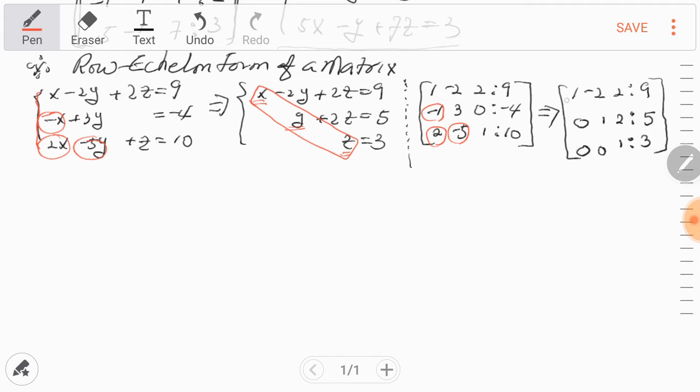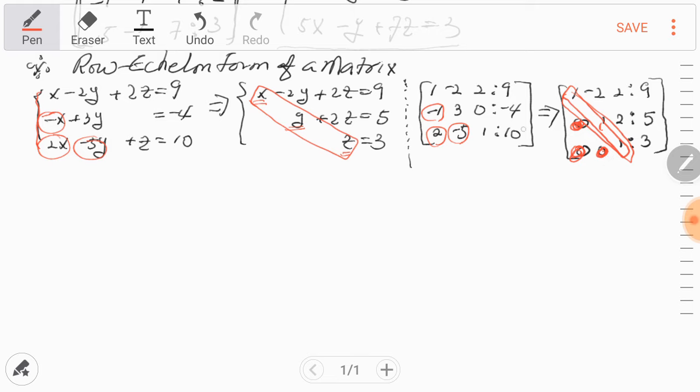So the final matrix must have 1 in the middle as a diagonal, and the left side of this is all zeros. The 0 in the second row means the coefficient of x is 0, so there's no x term. And in the third row, there are two zeros. The first one means there's no x term. The second zero means there is no y term.